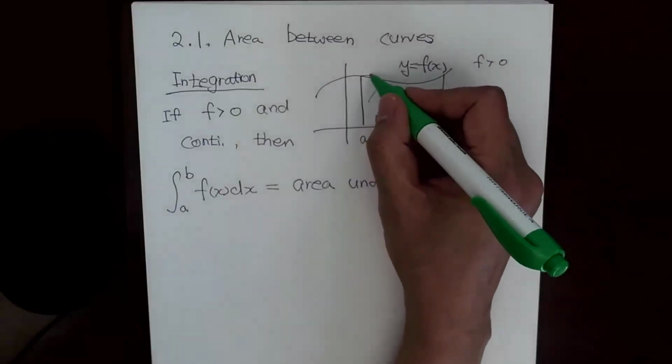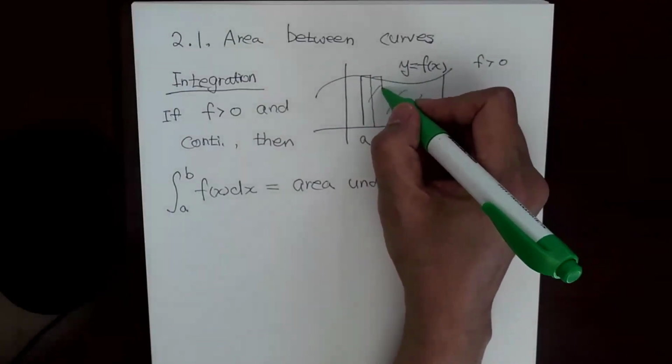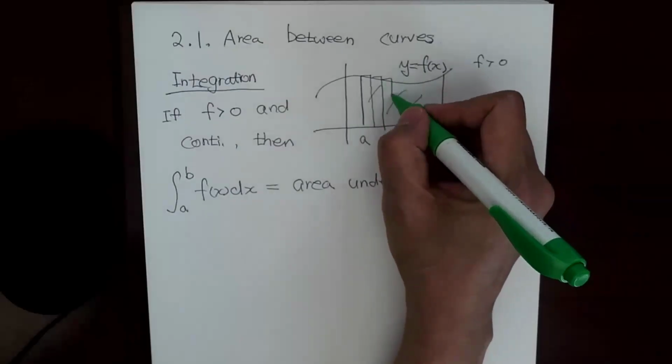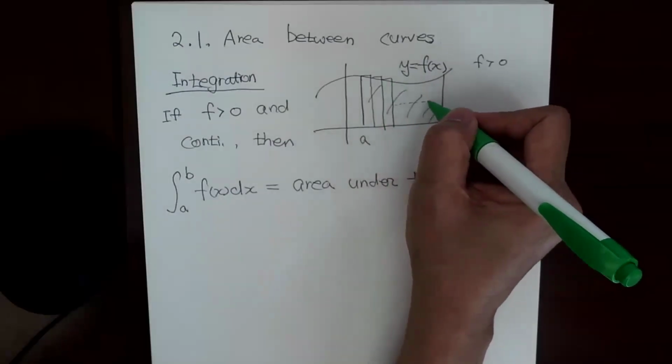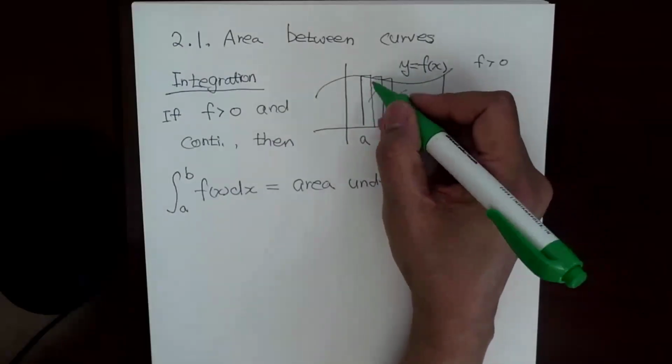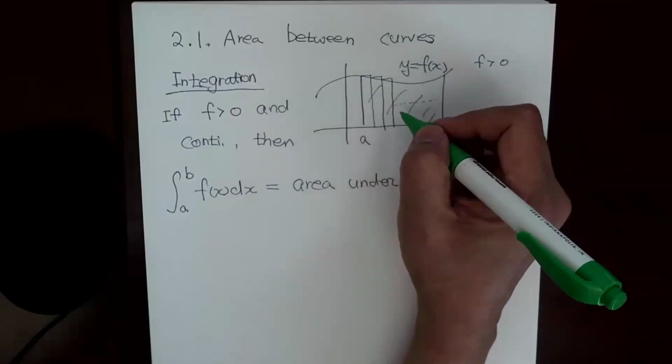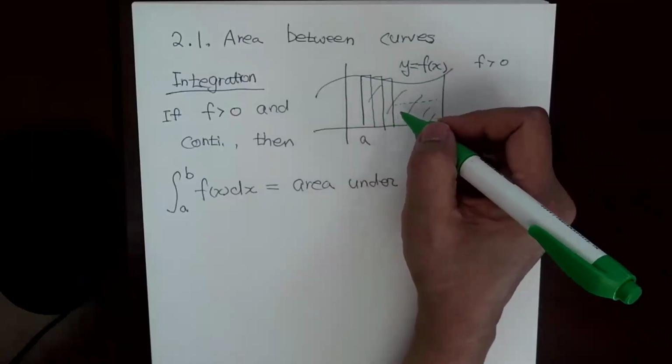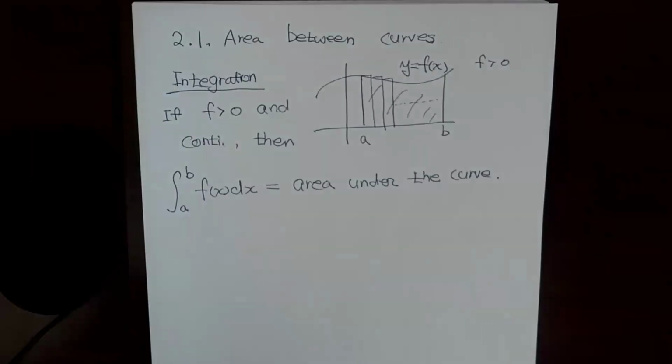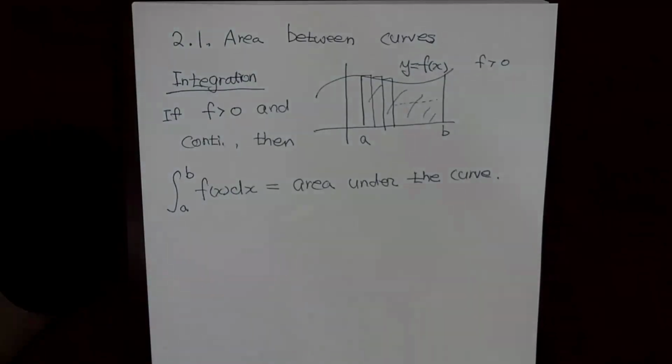What we did was draw rectangles and think about each rectangle's area, and we refined those rectangles so that they become thinner and thinner, almost like a vertical stick. When we add them up, it gets closer and closer to the area under the curve.